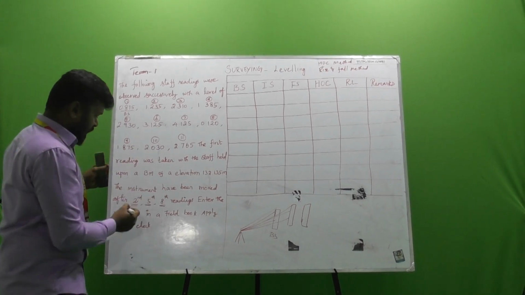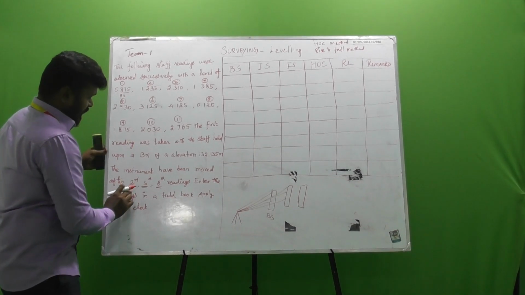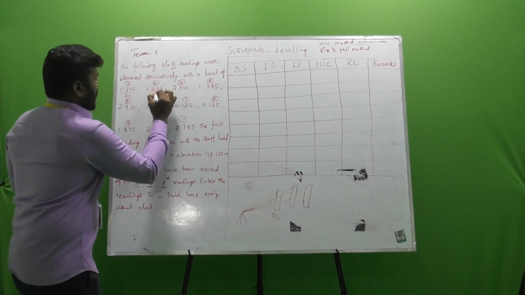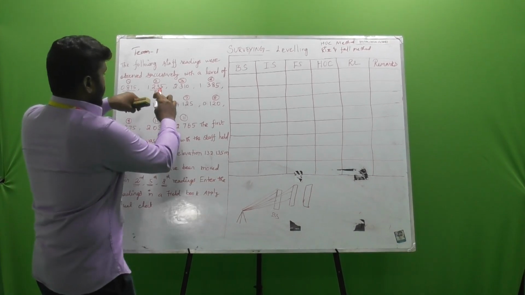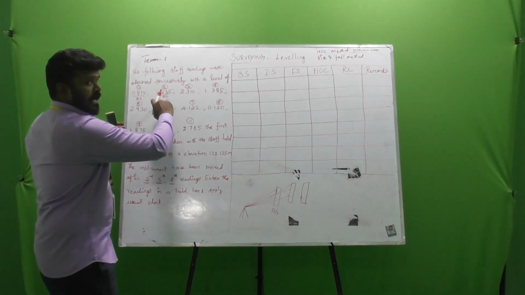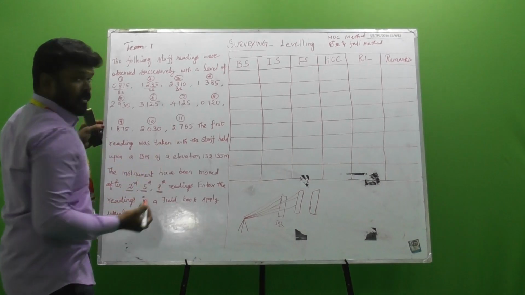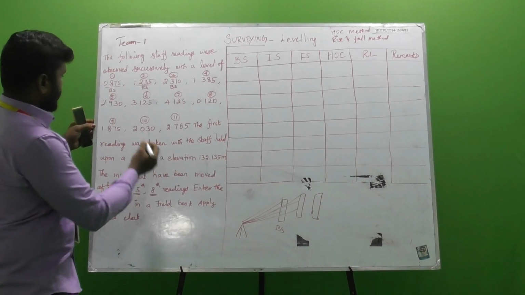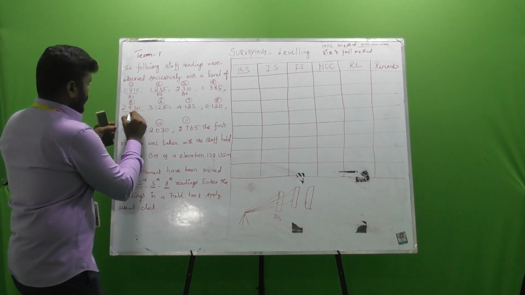In those 11 readings, the instrument has been moved after the second reading. So the second reading we denote as FS. FS means the reading taken when the instrument is to be moved after the second reading. The next reading, the third, is called the BS value. Similarly, at the fifth reading the instrument has been moved, so that value is also FS.